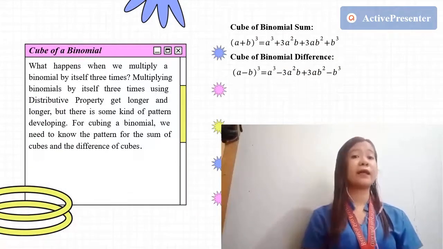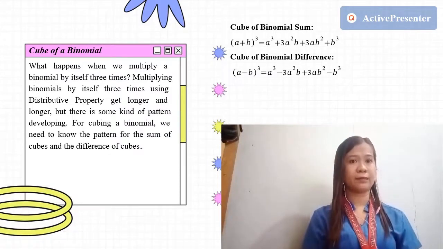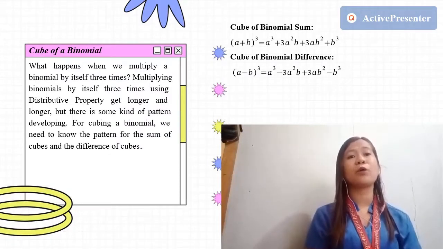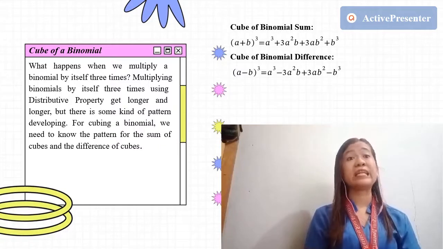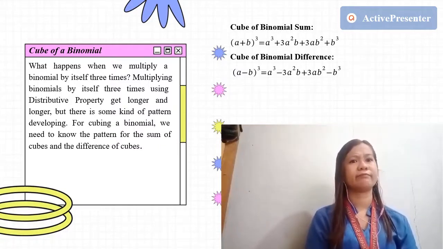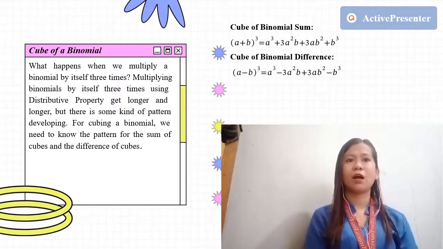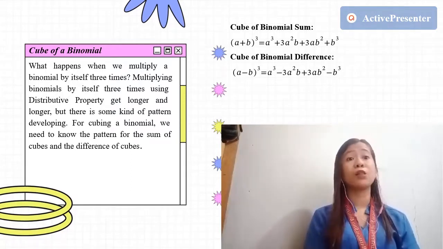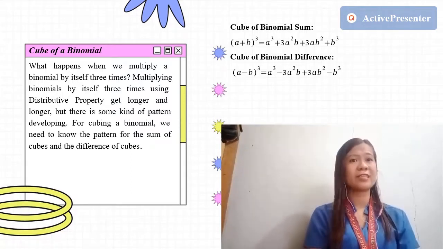Getting the product of the cube of a binomial. So what happens when we multiply a binomial by itself 3 times? Okay, what do you think? Okay, so multiplying a binomial by itself 3 times using the distributive property gets longer and longer. So it's not an easy way, right?